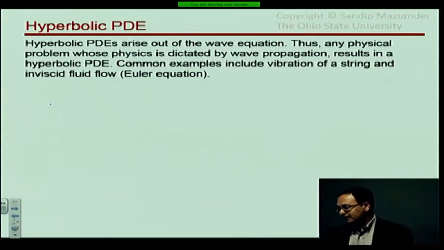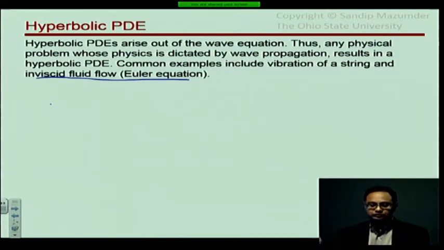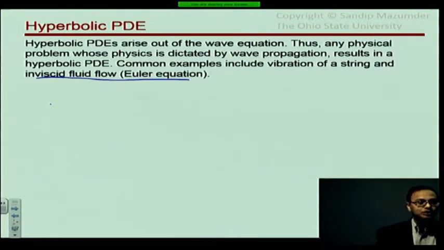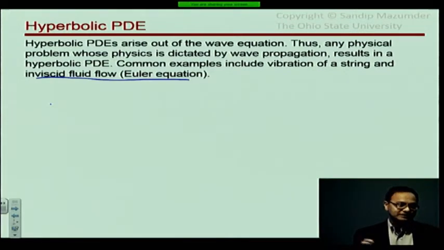Another common example is the inviscid fluid flow or Euler equation. If you go back to your lecture notes, lecture number 1, where we classified partial differential equations, that's one of the examples I showed you, the Euler equation, and we found out that when we compared it to the standard partial differential equation form, it turned out to be hyperbolic.